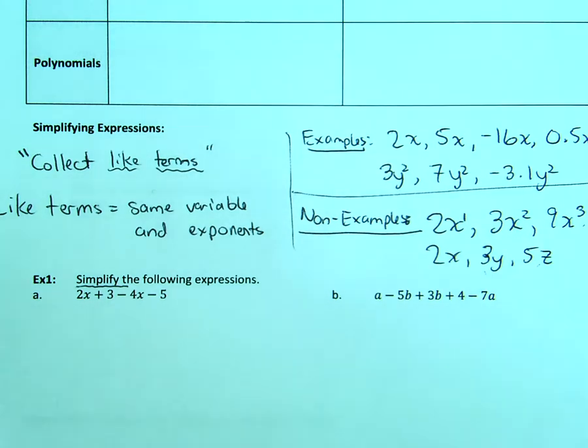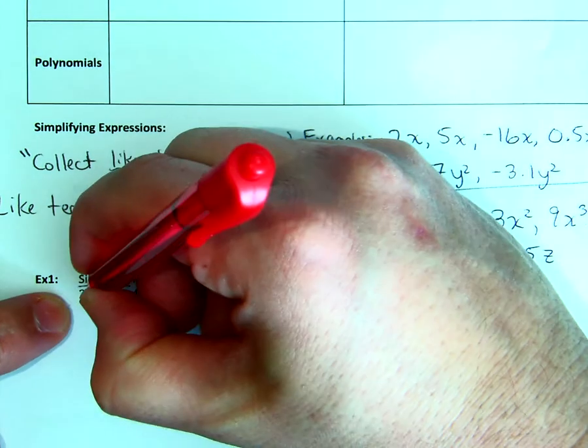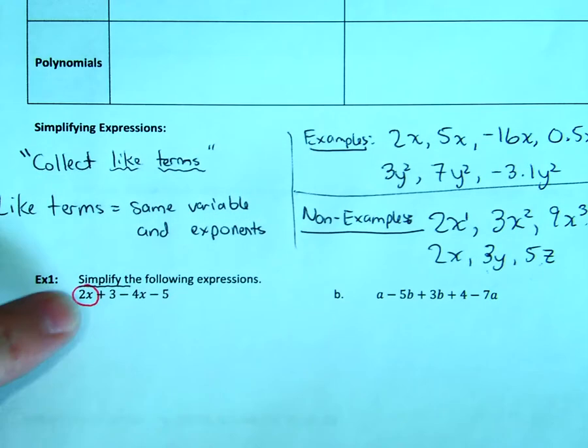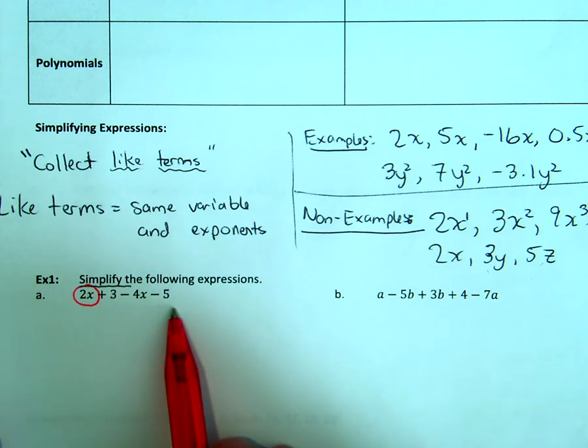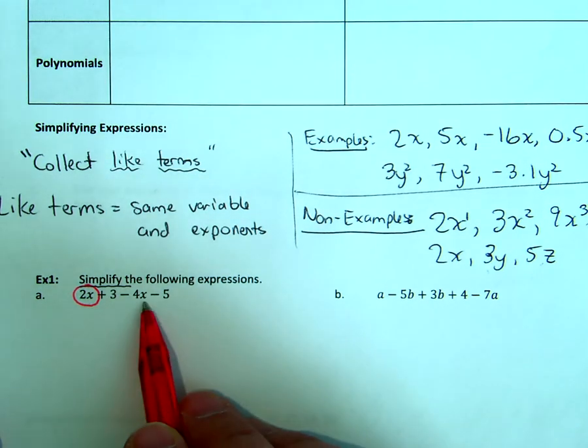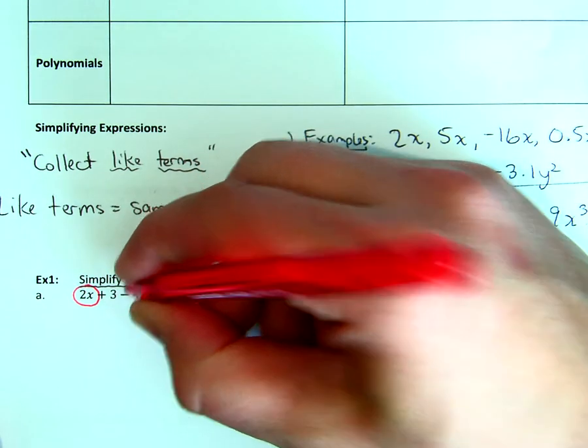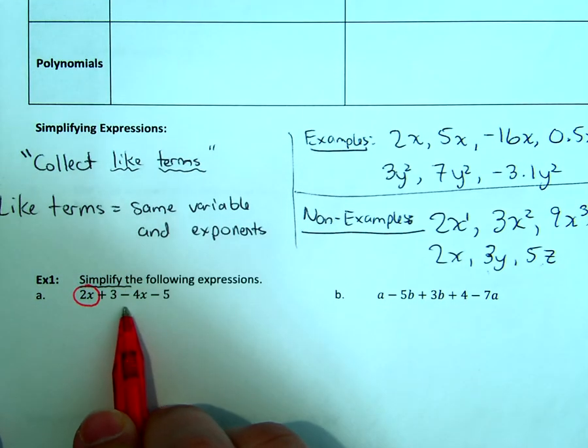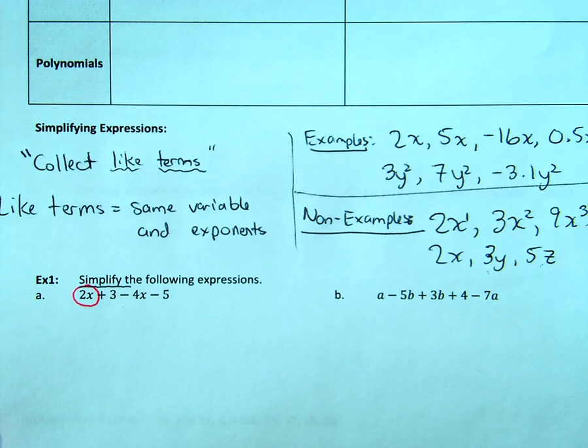So if I look at this, I notice that the 2x, its variable is x, and the exponent is 1. So I look for in the rest of the expression, it's called an expression, and I look for something else that has just an x. So the other guy that has just an x is the negative 4x. So I know this says minus 4x, but that minus is really the same thing as a negative.